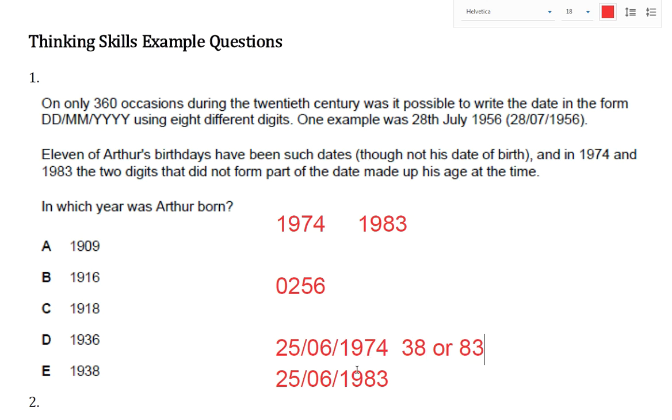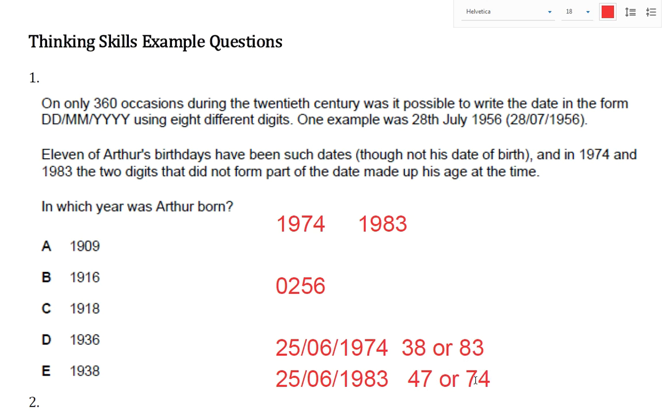You only have the 2 possibilities. And in 1983, the 2 digits that were not used were 4 and 7. So the 2 possibilities were 47 or 74. Now, it should be pretty clear that it can't be 83 and 74 because his age is going down there, right?